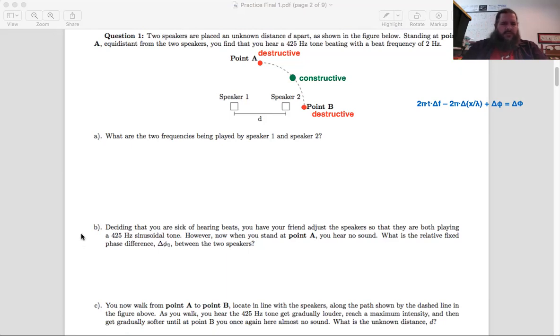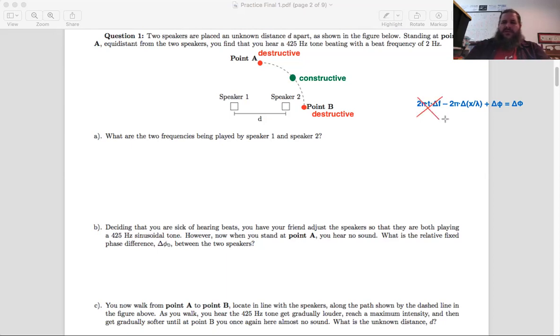Well, it's more to the point that part B is saying they're both playing the same tone, 425 hertz. In part A, they were playing slightly different frequencies, which is why we got beats. But in part B, we've corrected that, and there's no more difference in frequency. So since they're both playing the same frequency, and they're both arriving at your ears at the same time, this term is going to be 0.